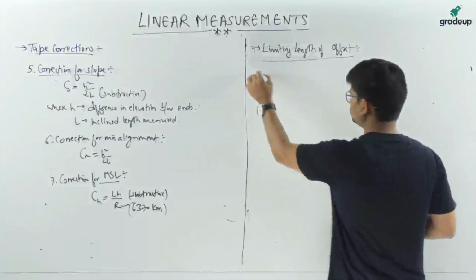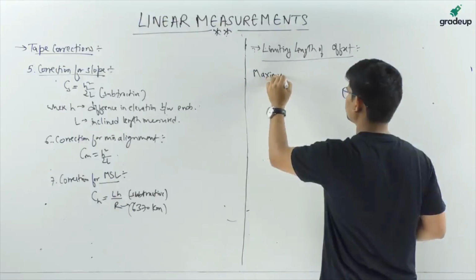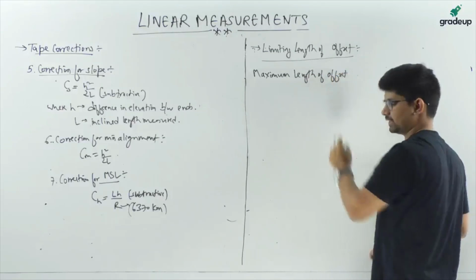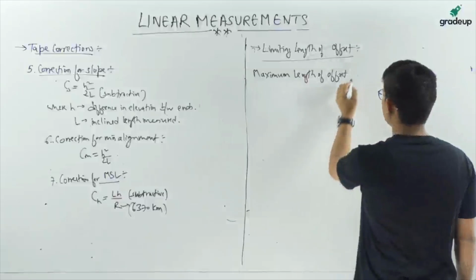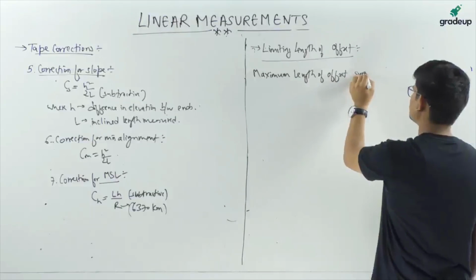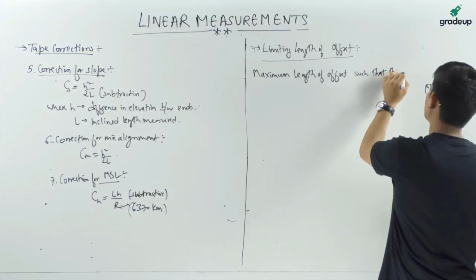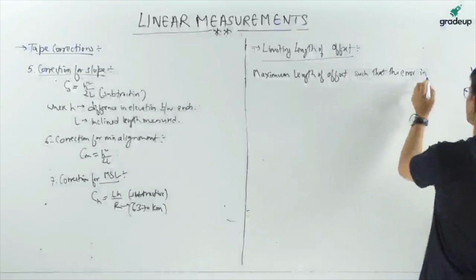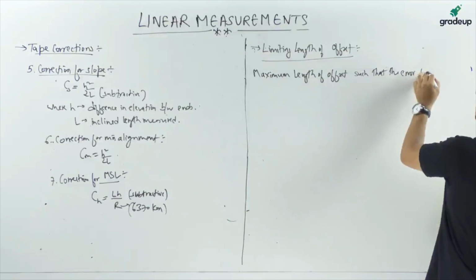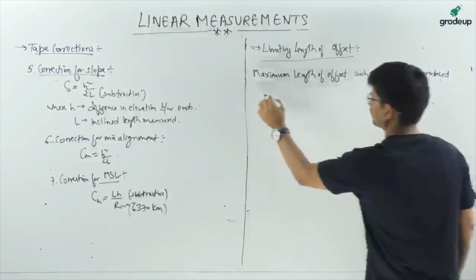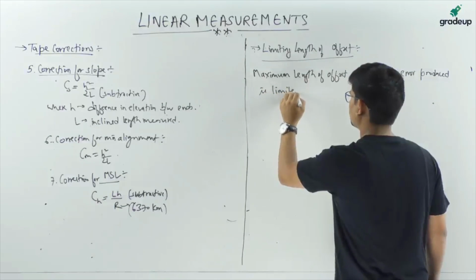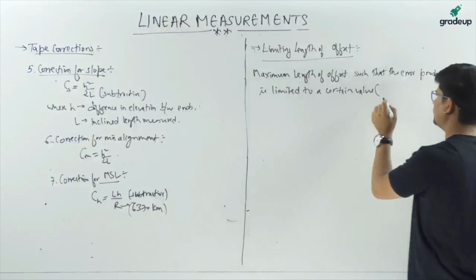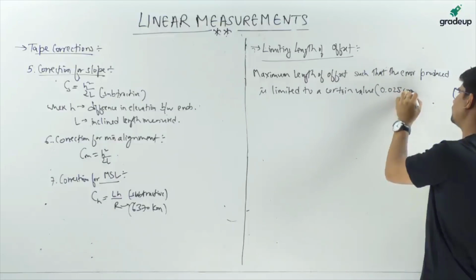So, it is defined as the maximum length of offset to be measured such that the error produced is limited to a certain value, and generally this value is 0.025 centimeter.